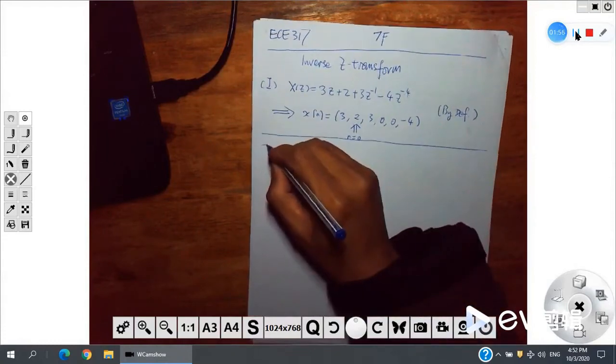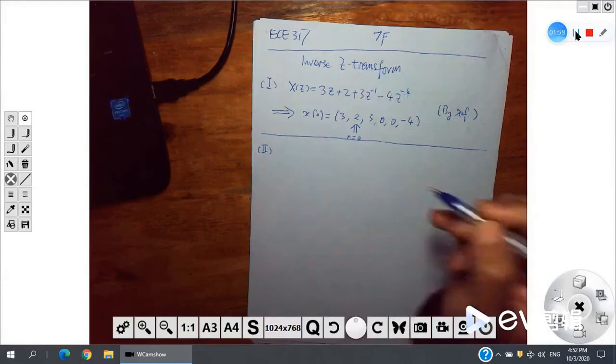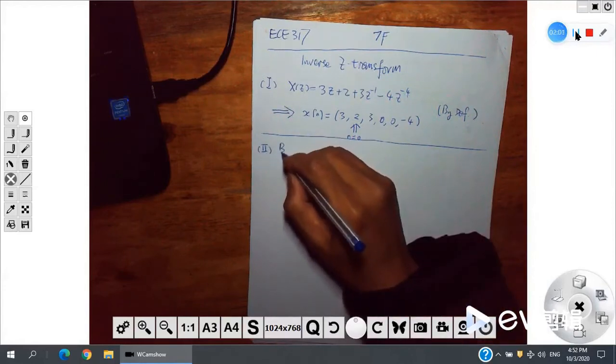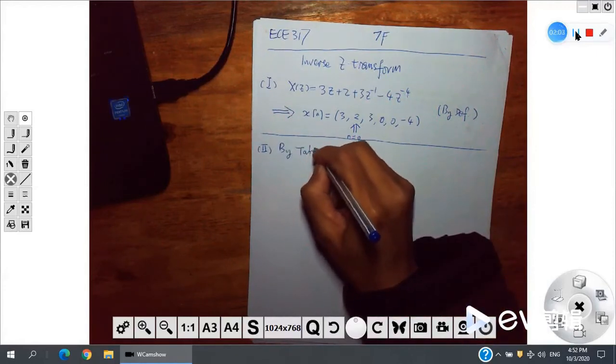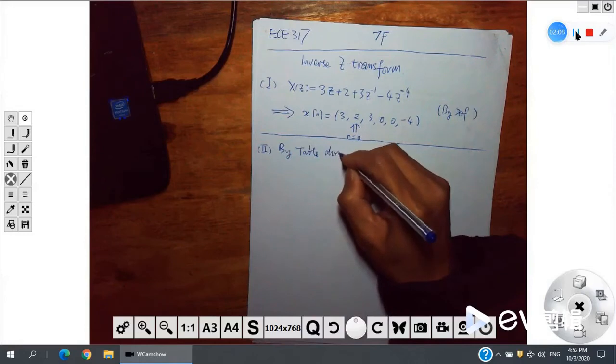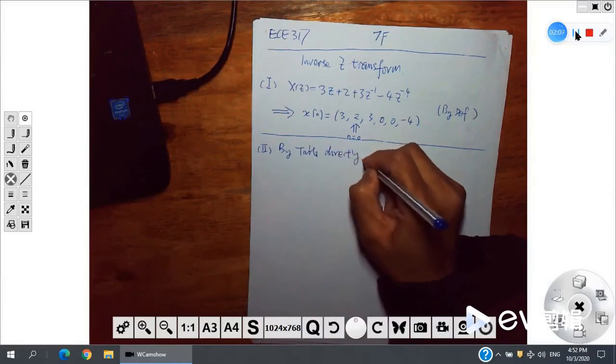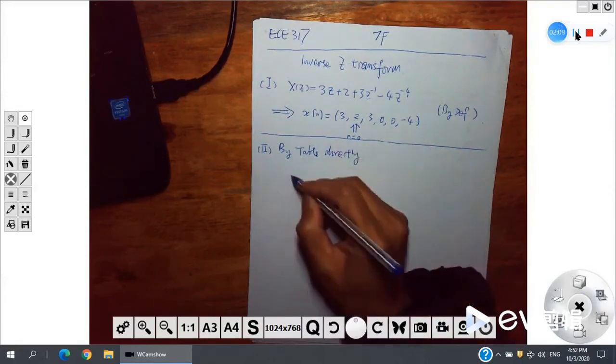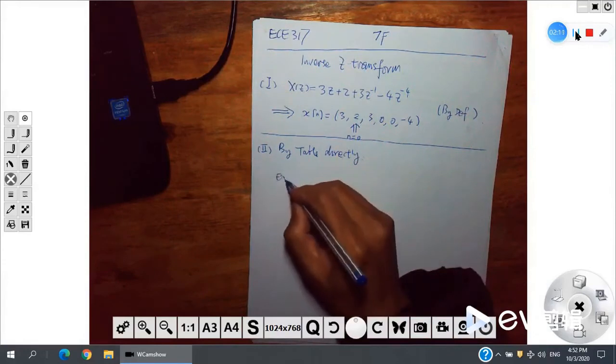And the second case, we can use the table directly. I'll show you an example to explain it.